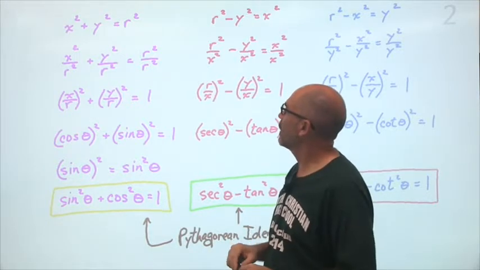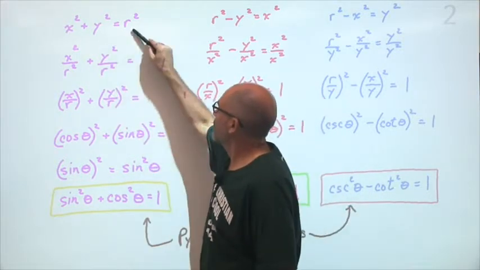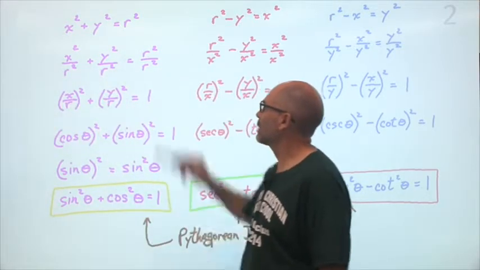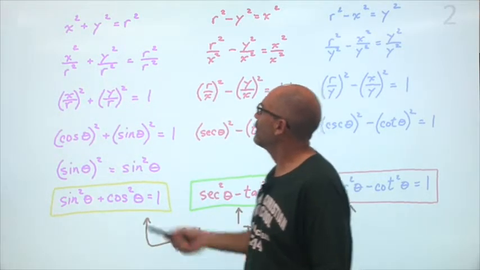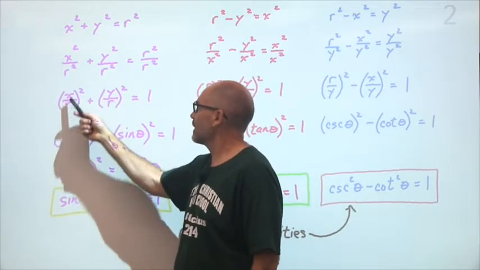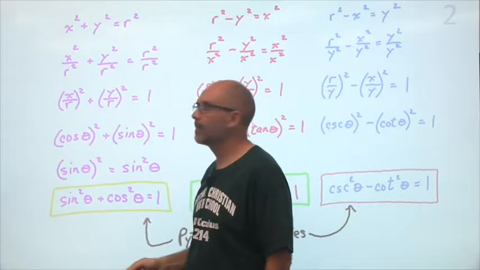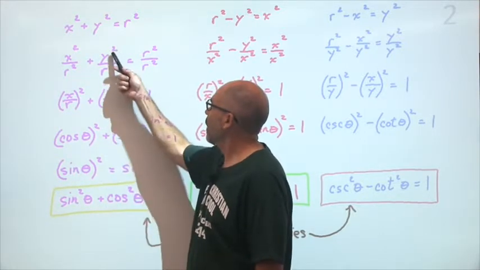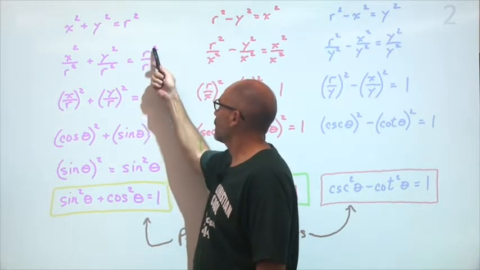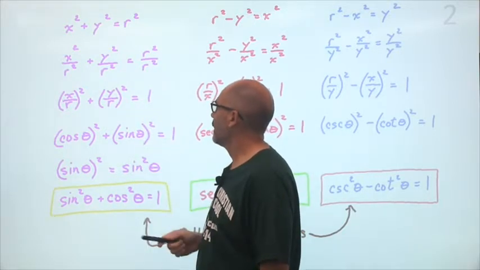Okay, so if x squared plus y squared equals r squared, I'm going to divide through by r squared. So now I have x squared over r squared. Well, x squared over r squared equals x over r quantity squared. And then y squared over r squared becomes y over r quantity squared. And of course, r squared over r squared equals 1.